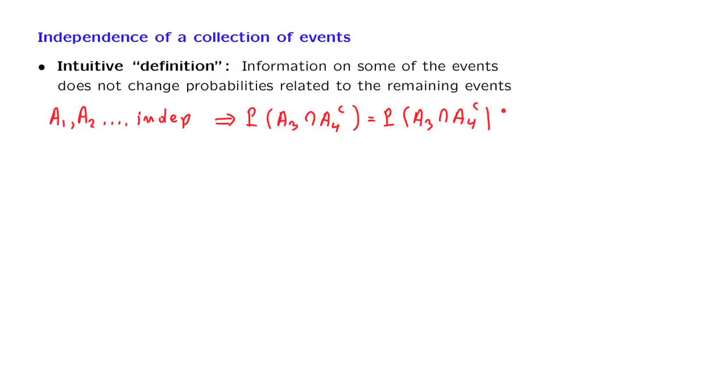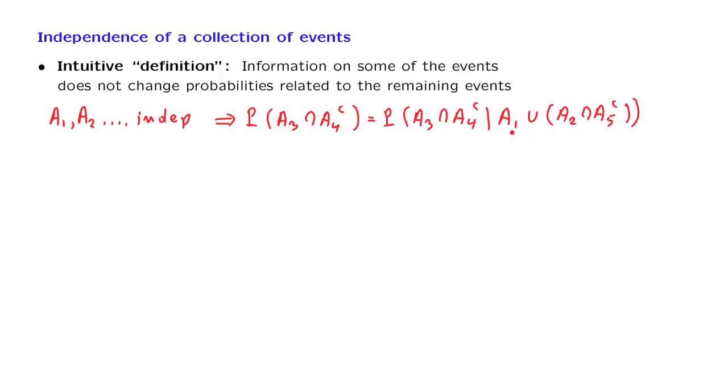Let's say if I tell you that A1 happened or that both A2 happened and A5 did not happen. The important thing to notice here is that the indices involved in the event of interest are distinct from the indices associated with the events on which I'm given some information.